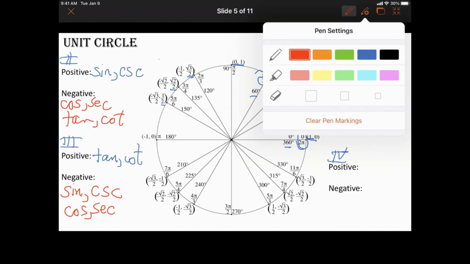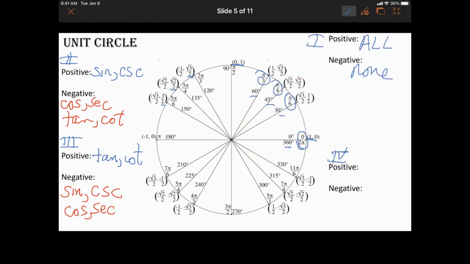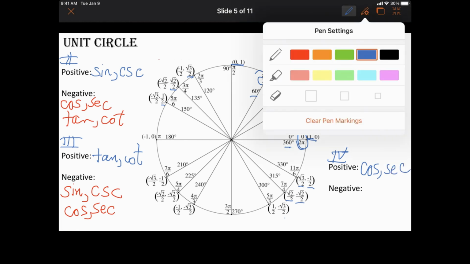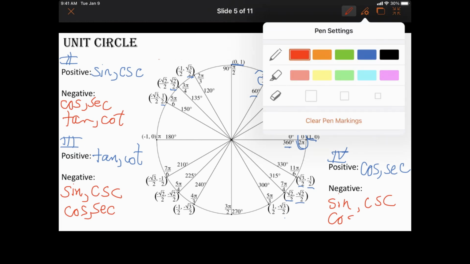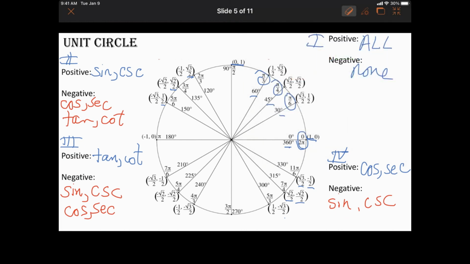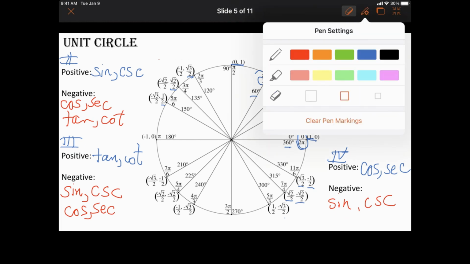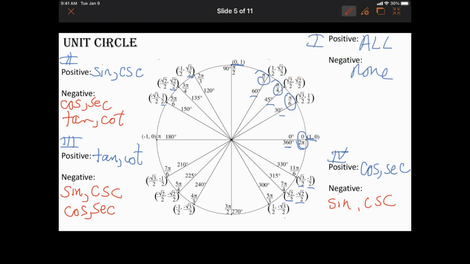So the last one, if we're looking here, the y values or sine are negative. The x value, which represents cosine, is positive. So this is cosine and secant. And then the other 4 are negative. And when you do your problems, you can look and say, is that true?